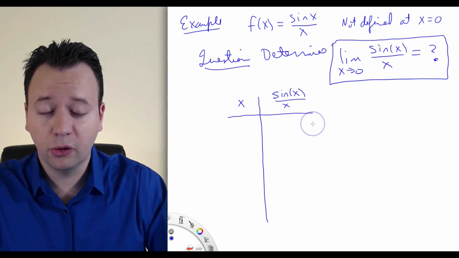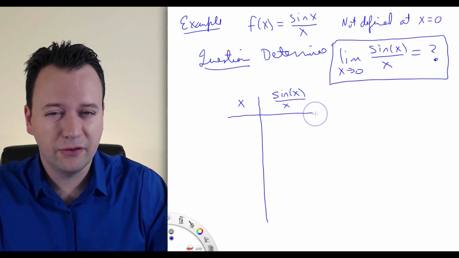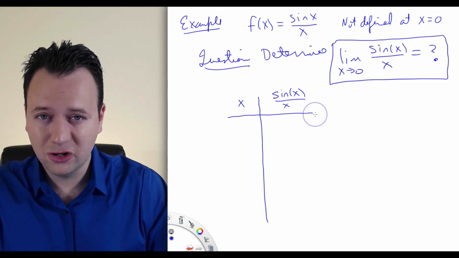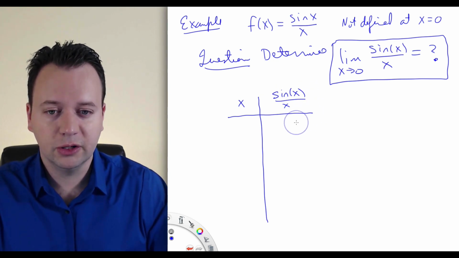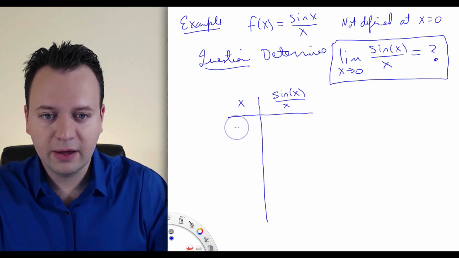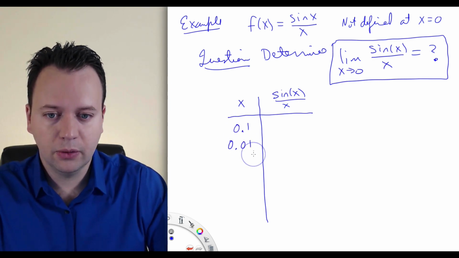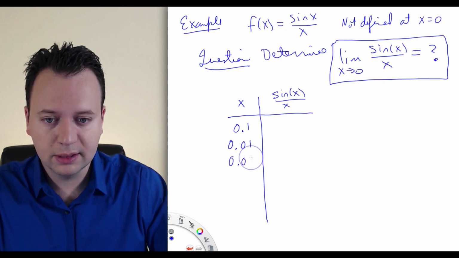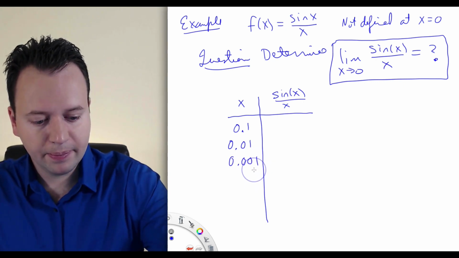And of course, it's important to be in radian mode, right? So unless otherwise specified on a few rare occasions at most, maybe never, we'll always want to treat trigonometric functions in radian mode. So for our values close to 0, let's look at 0.1, 0.01, and 0.001. And let's just start off with that and see what is happening.